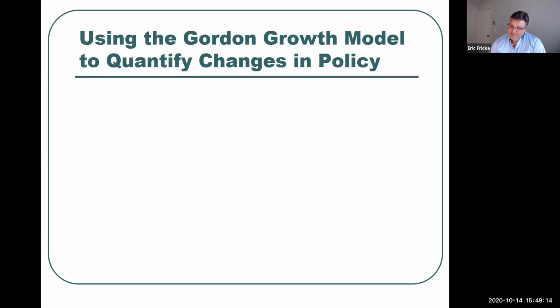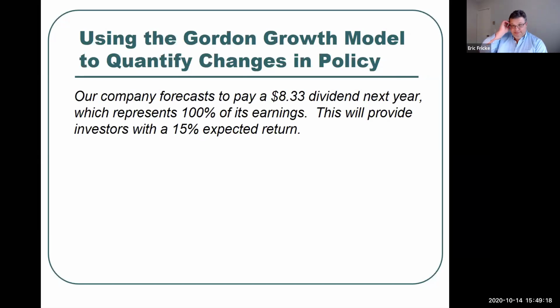So let's do a little example of what that means. In this example, our company forecasts to pay $8.33 in dividends next year. And this is 100% of earnings.